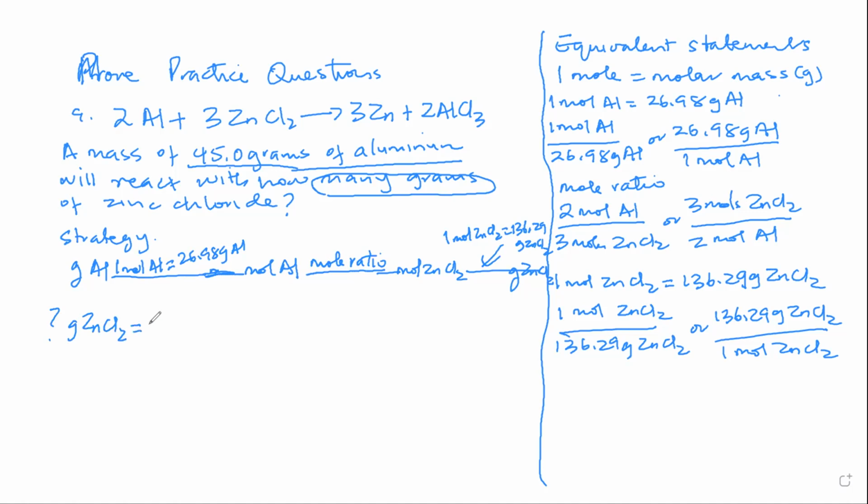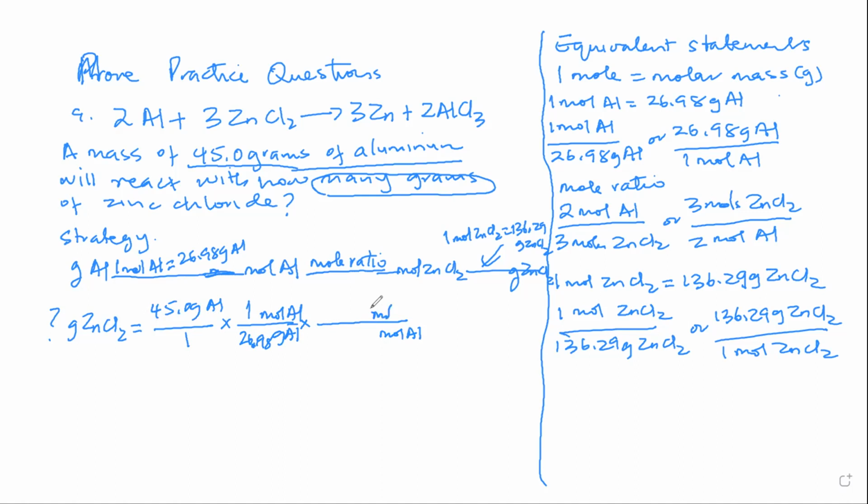So we start with grams of zinc chloride. We know 45.0 grams of aluminum all over 1. Then this is grams of aluminum to moles of aluminum, grams to mole, okay? This is 1 mole, this is 26.98, times. Now, moles of aluminum, then we're going from mole to mole.